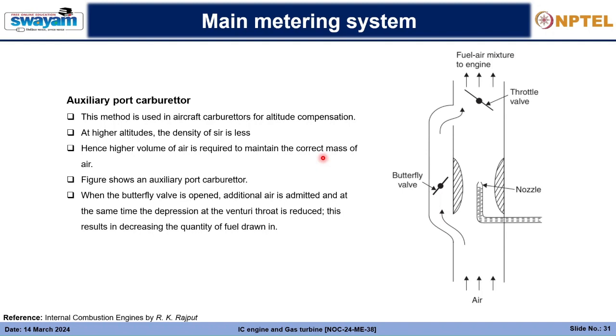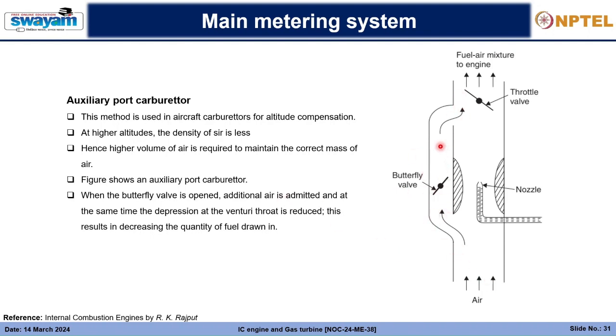In order to maintain that, we'll have to supply an extra amount of air without mixing it, because the density of air is less. In order to make the mass constant, we'll have to supply a higher volume of air, and the volume flow rate of air should be increased.